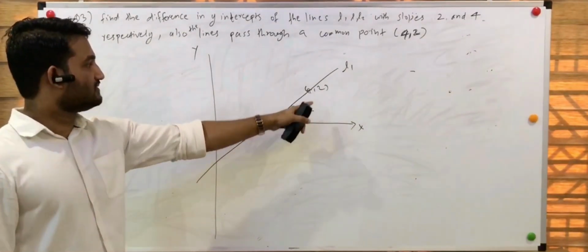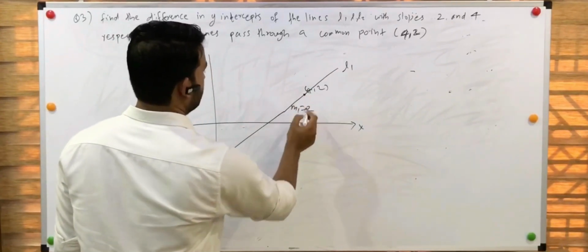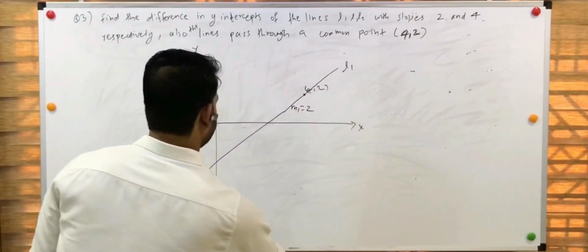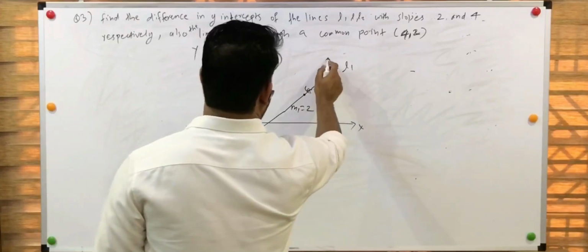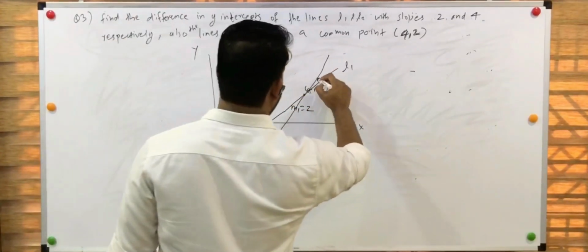So for L1 the slope is 2, and one more line which also passes through the same point.